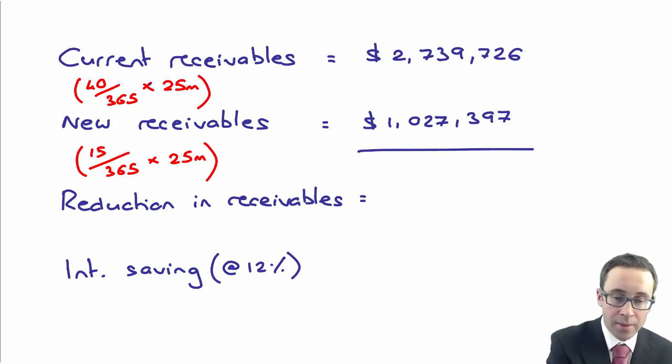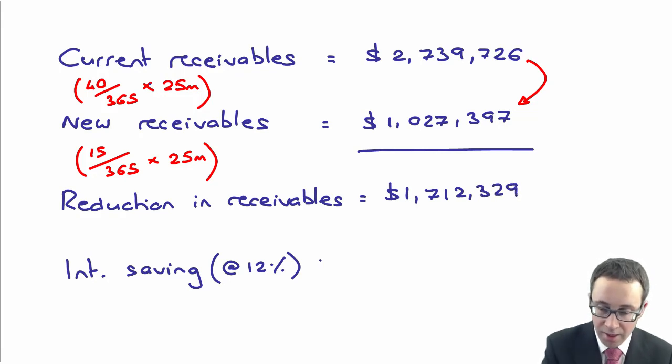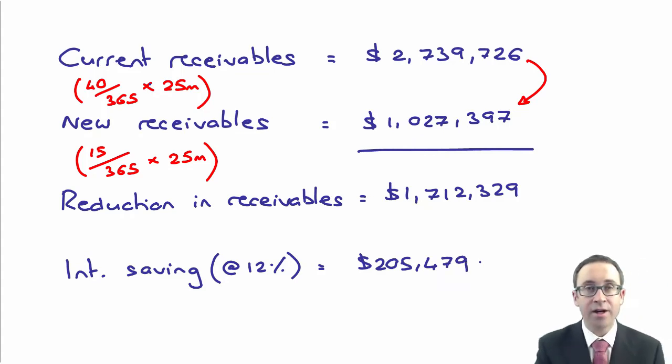So our reduction in the receivables, you can see there, if you work that on your calculator, is 1,712,329, and if you multiply that by 12%, does that give you 205,479?